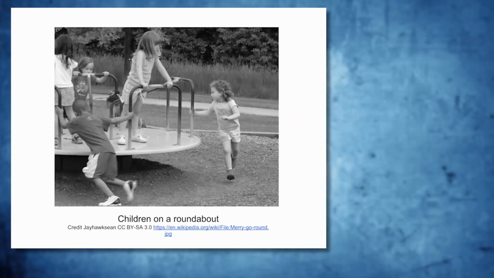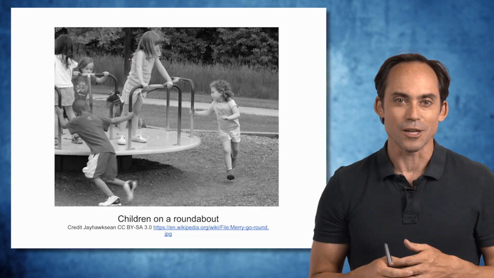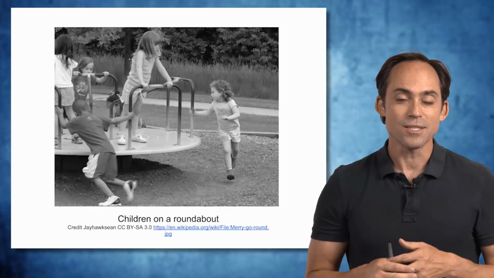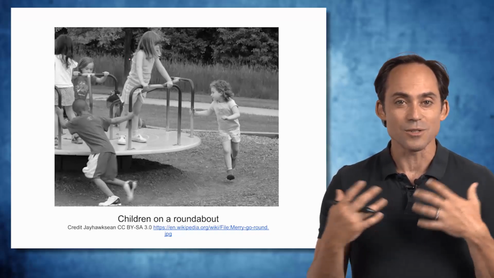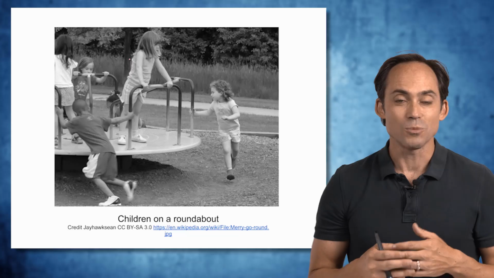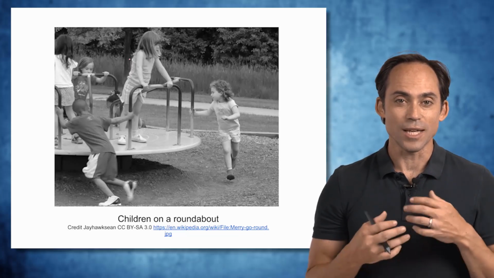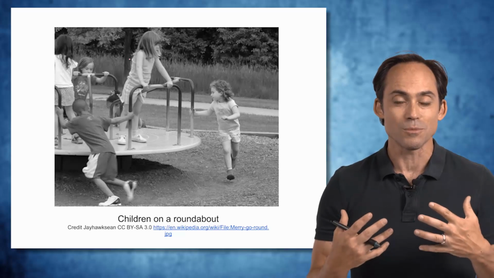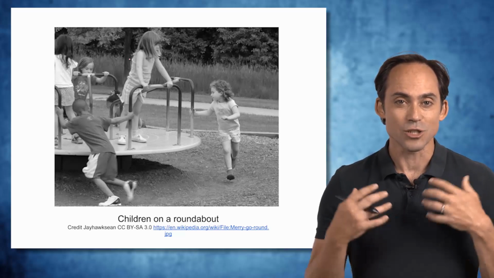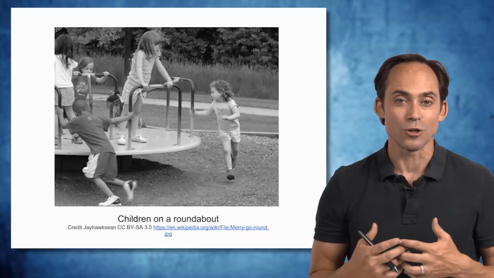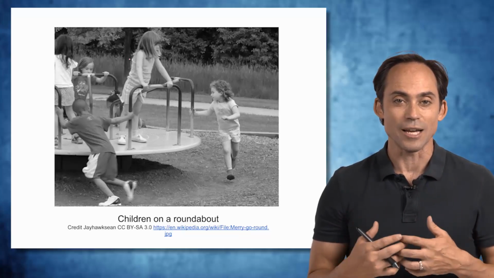Now, those of you who've ever played on a playground and experienced circular motion on something like a roundabout, you've probably not felt an acceleration inward toward the roundabout, but actually felt an acceleration outward, pulling you away. This is actually because we as objects in the universe want to move in straight motions unless we're acted on by a force. And what you're feeling is not the force or acceleration pushing you away from the roundabout, but it's actually your own linear motion, your own inertia that wants to carry you in a straight line direction.